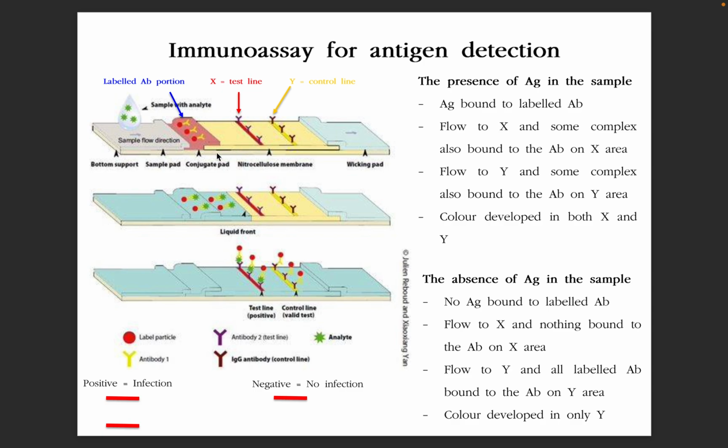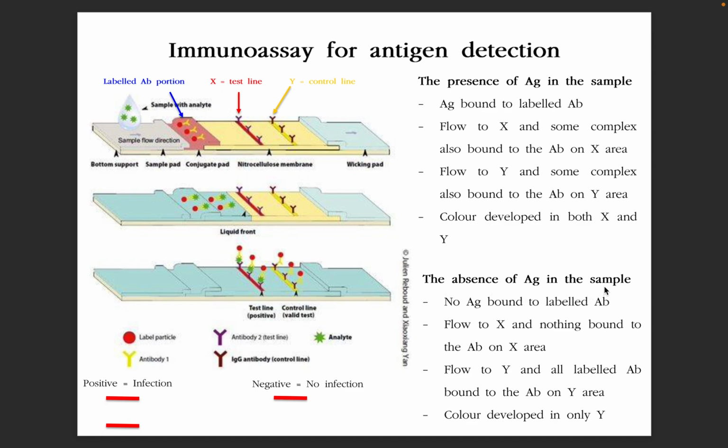The flow also takes the complex to the control line, indicated by Y, and the complex is also captured by the immobilized antibody recognizing the labeled antibodies. So the color is also developed in this line.